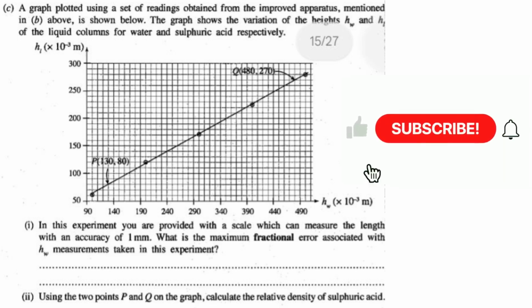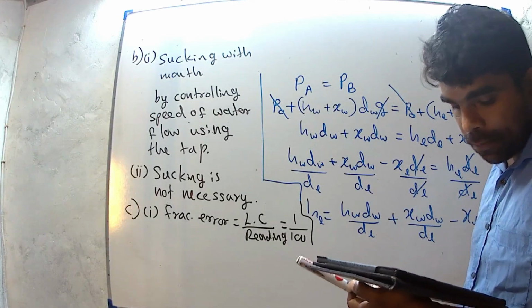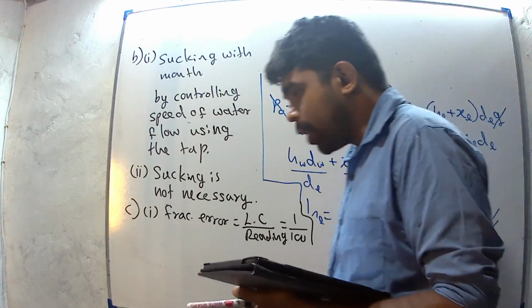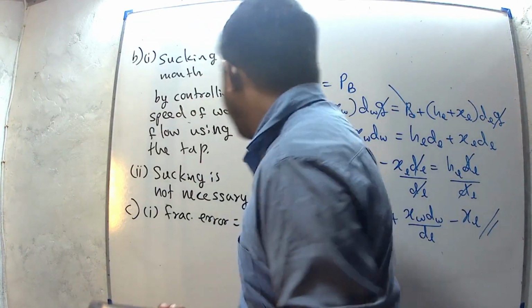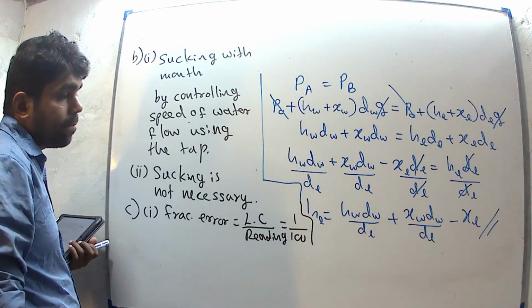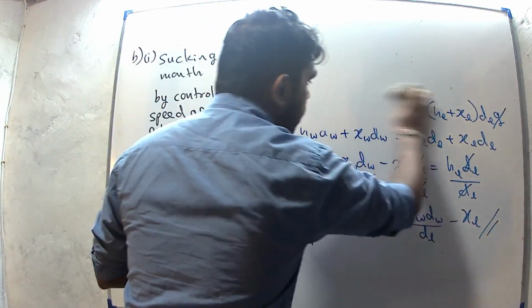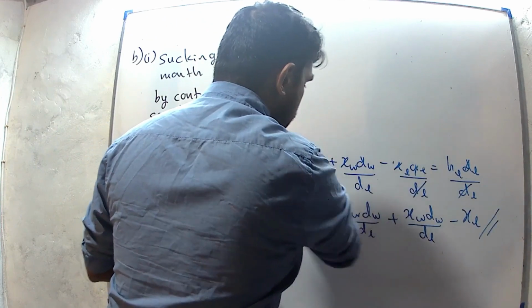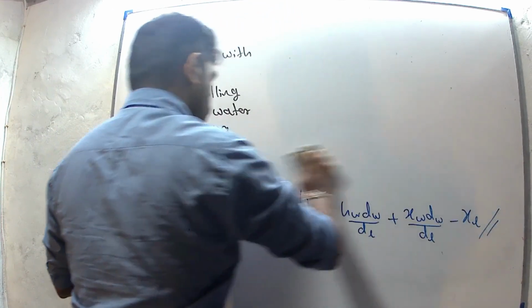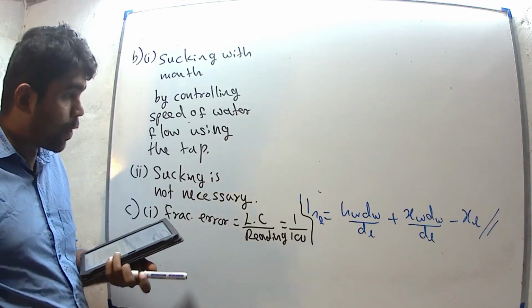Then part 2, using the 2 points P and Q on the graph, calculate the relative density of sulfuric acid. We have to consider points P and Q to find the gradient. I will rearrange this equation to find the relative density of sulfuric acid. HW is for the x-axis and HL for the y-axis.